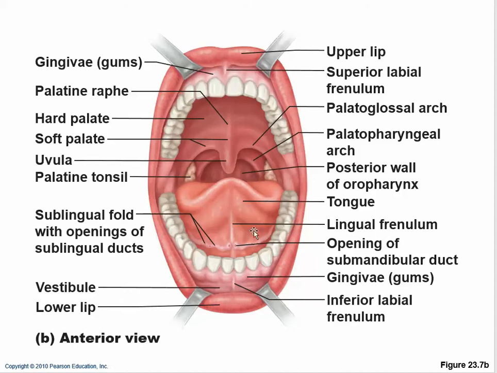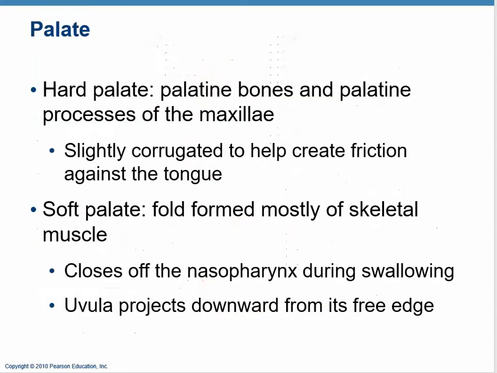The one under the tongue is called the lingual frenulum. Lingual means tongue. So this area here is considered the vestibule. This area in here is considered the oral cavity.